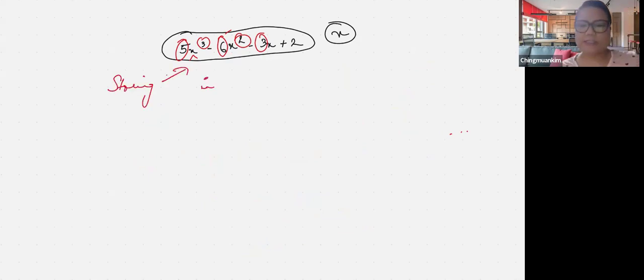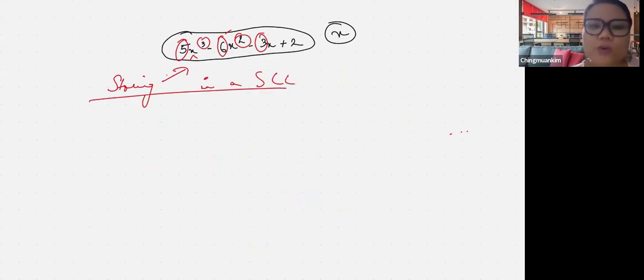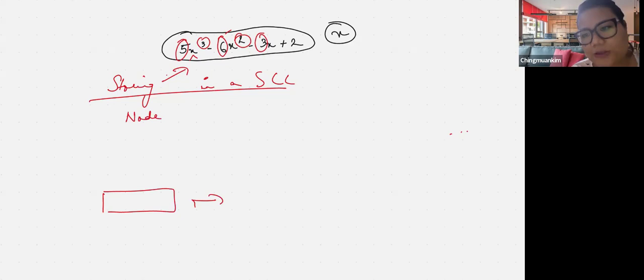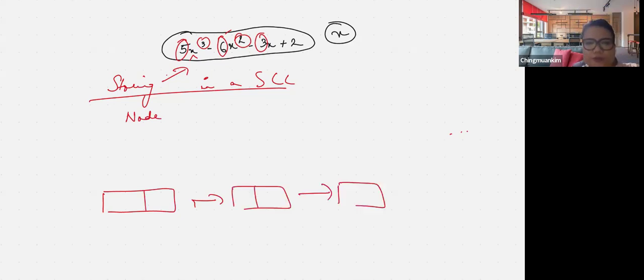As I have said, in a singly linked list, we can store the coefficient. First of all, what is important is the number of nodes, right? As we have said, this node, this node, this node, and this node, and so on. There can be a number of nodes, okay?